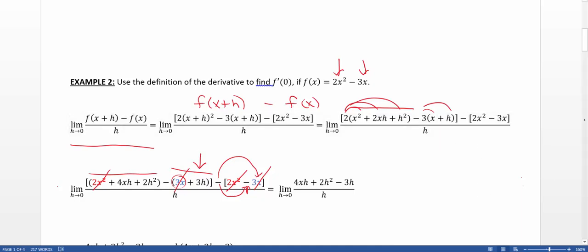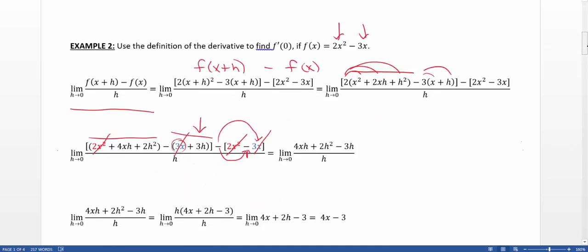And if I factor an h out, it's going to make my algebra a little bit easier. So here, when I factor the h out, I'm left with a 4x plus 2h minus 3. And I have an h on the top and an h on the bottom. So those will cancel.